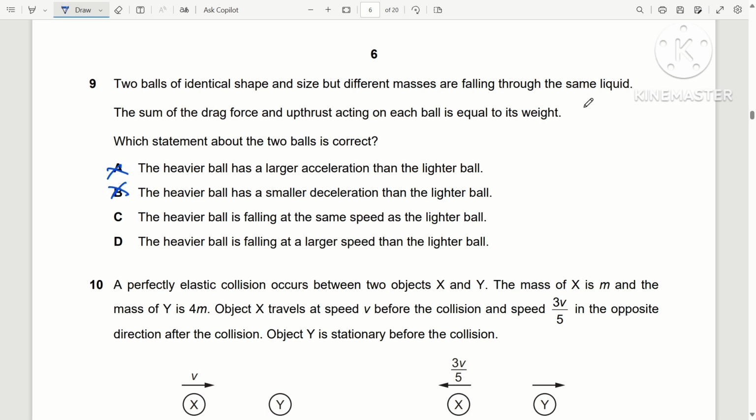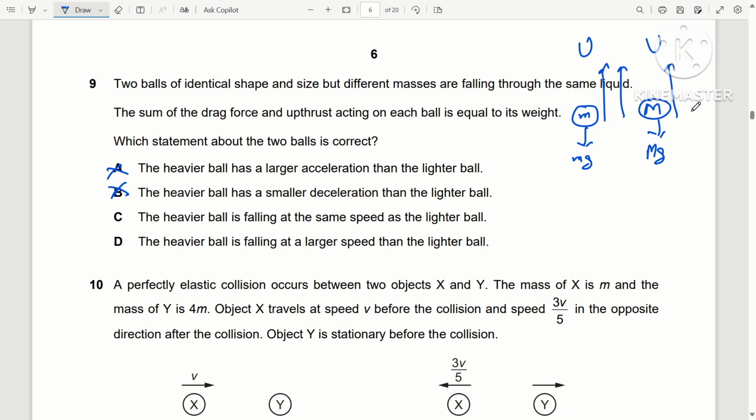Let's say the lighter ball has mass small m and the heavier ball has mass capital M; size is the same, masses are different. So the weights will be mg and capital Mg acting downward. The upthrust is u, and since the two balls are of identical shape and size, the upthrust acting on both will be the same.